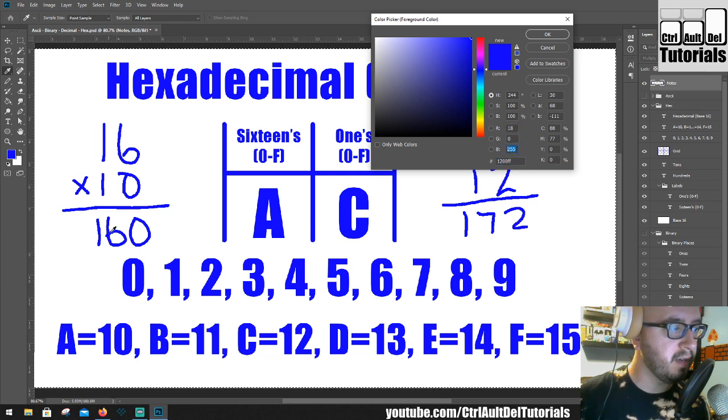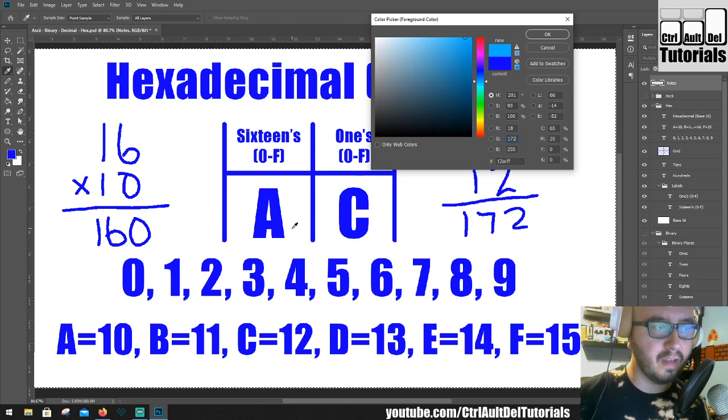So if I put in 172 for any of these, let's go to the green channel. 172, and you'll notice we get AC, which is what we started with here. Okay, AC is 172. Okay, if I put in 18, I should get 12. So let's do that.